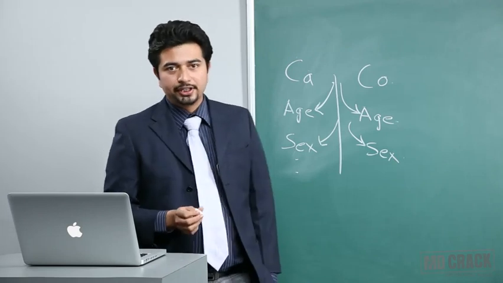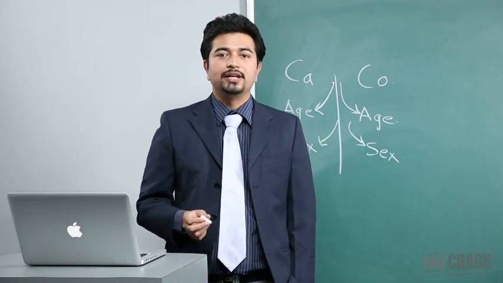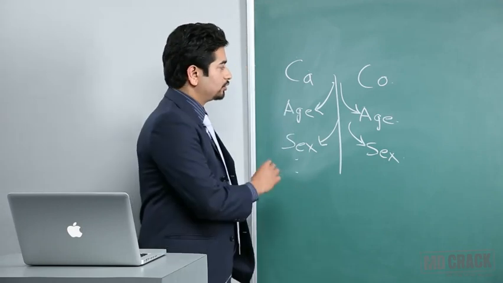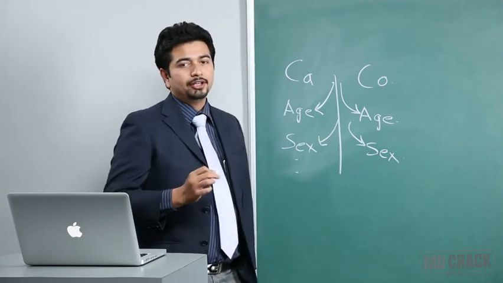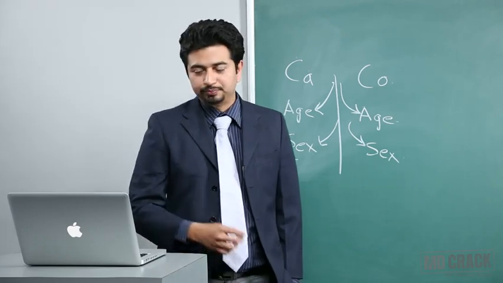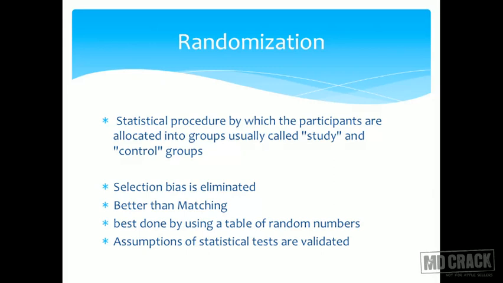The only difference here is the intervention that we will introduce in the future. So we are very sure that the two groups are comparable, and the only difference between these two groups in the future will be the intervention that we do. So randomization is the statistical procedure by which the participants are allocated into two groups called the study group and control group.